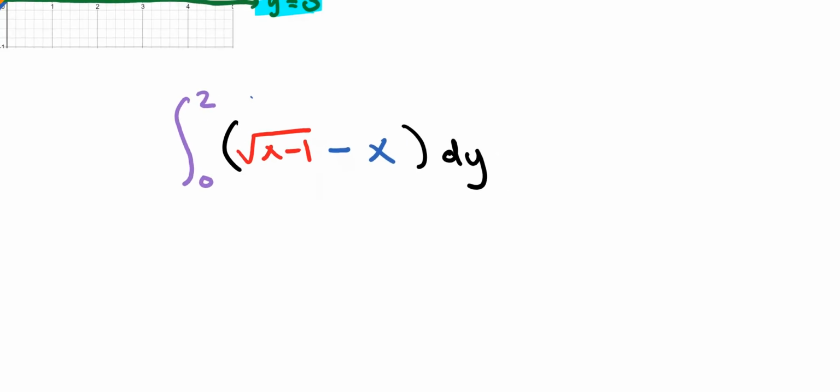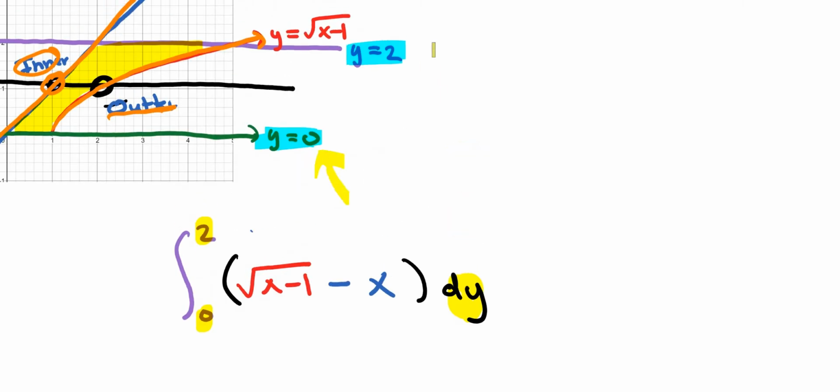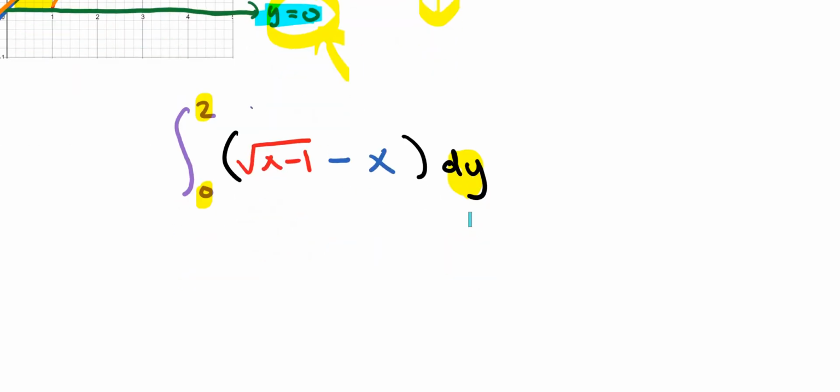So this is a general setup here. Another thing you might recognize is that with a dy here, my upper and lower bounds are in terms of y, because I'm going from the bottom all the way to a height of 2. However, if I take a look at the variables inside, they are in terms of x, and I need them in terms of y.